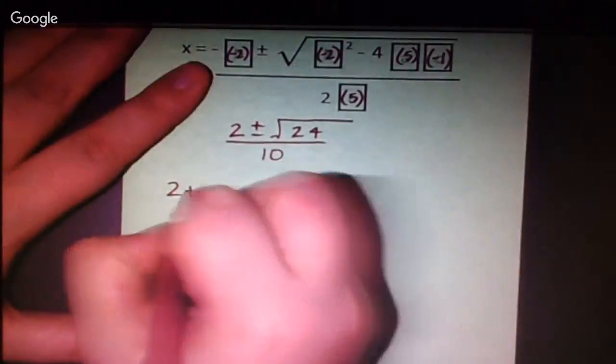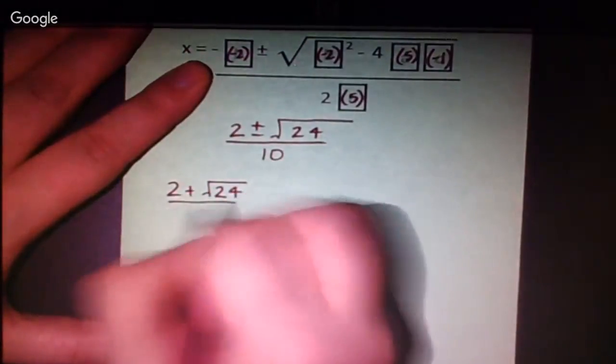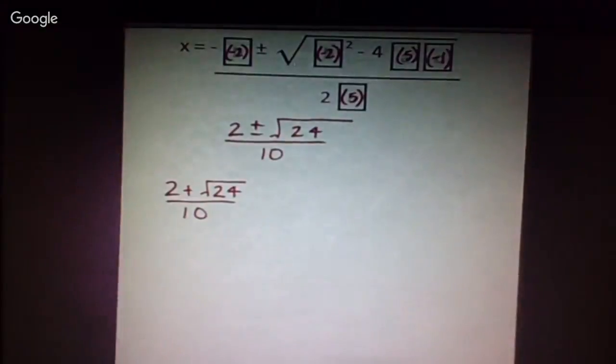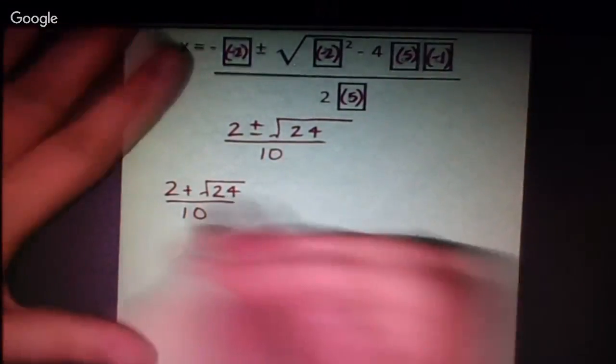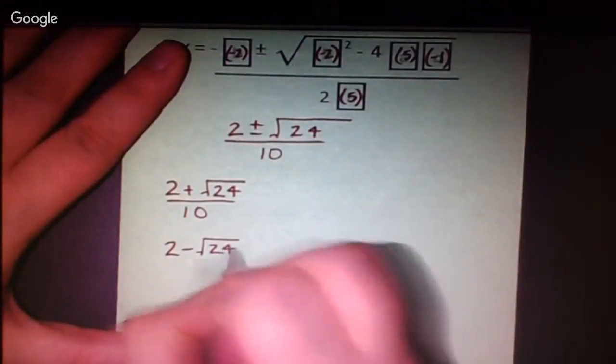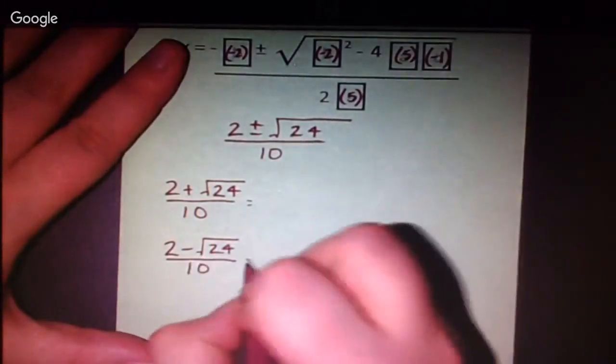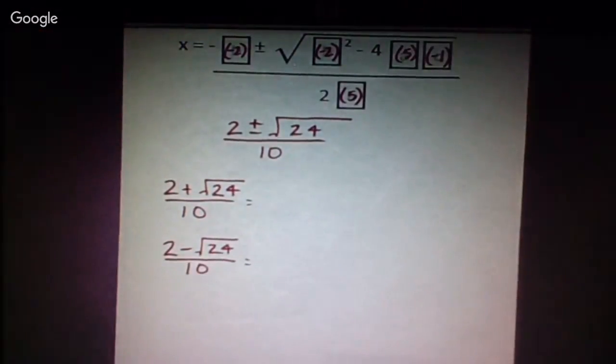So 2 plus the square root of 24 divided by 10. My second one is 2 minus the square root of 24 divided by 10. They may give you these as decimals, so you're going to have to plug it into your calculator.